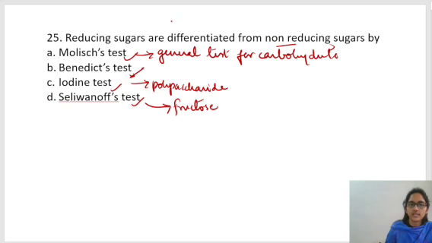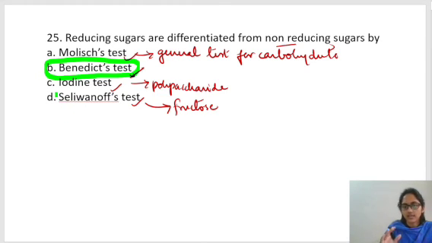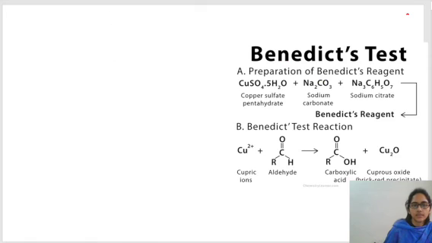So what is Benedict's test now? Benedict's test is the test that differentiates reducing sugars from non-reducing sugars. Any substance that can reduce the Benedict's reagent is called a reducing substance. Let's see the principle of Benedict's test. How will you perform this test?